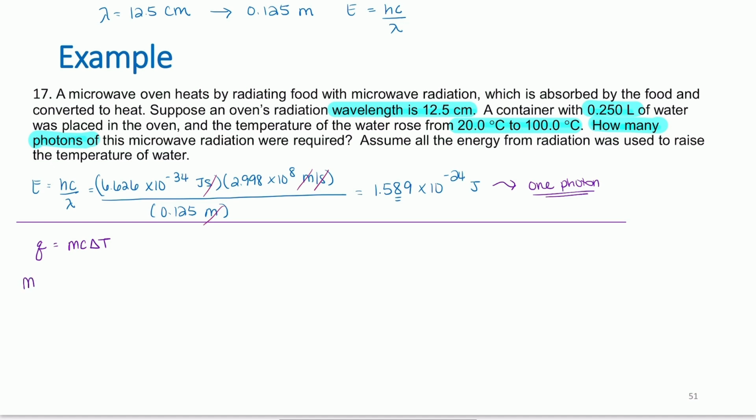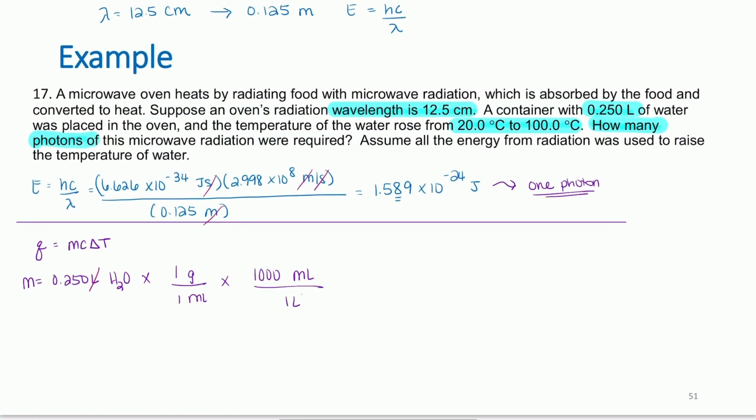My mass of water, well, I've got 0.250 liters of water. But the density of water is approximately 1, so I'm going to use the density approximately 1 gram per milliliter. This is liters, though, so I've got 1,000 milliliters per 1 liter.